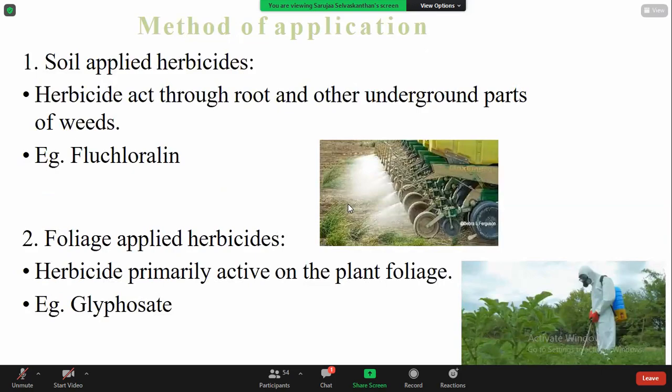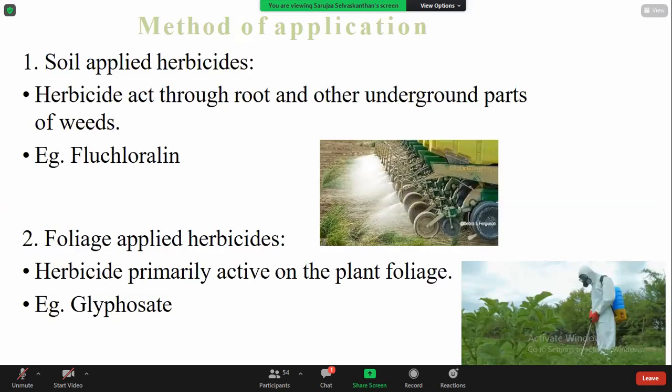Method of application. First, soil applied herbicide. Soil applied herbicide means we apply the herbicide to the soil. The herbicide in the soil destroys the weeds or some part of them, or their germination is controlled. The herbicide acts through the root and the underground parts of the weeds.